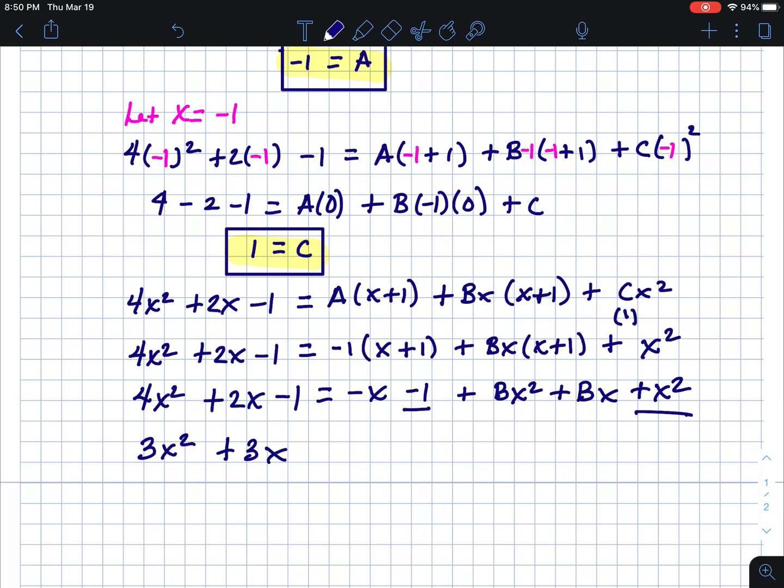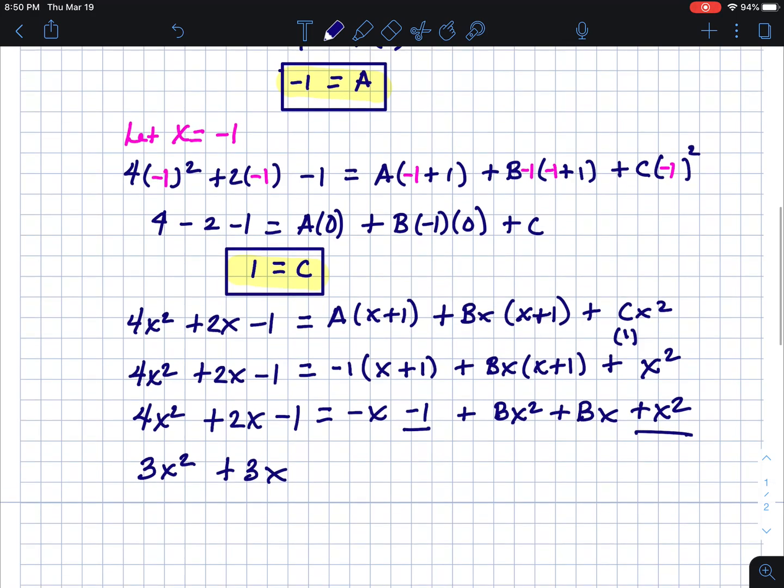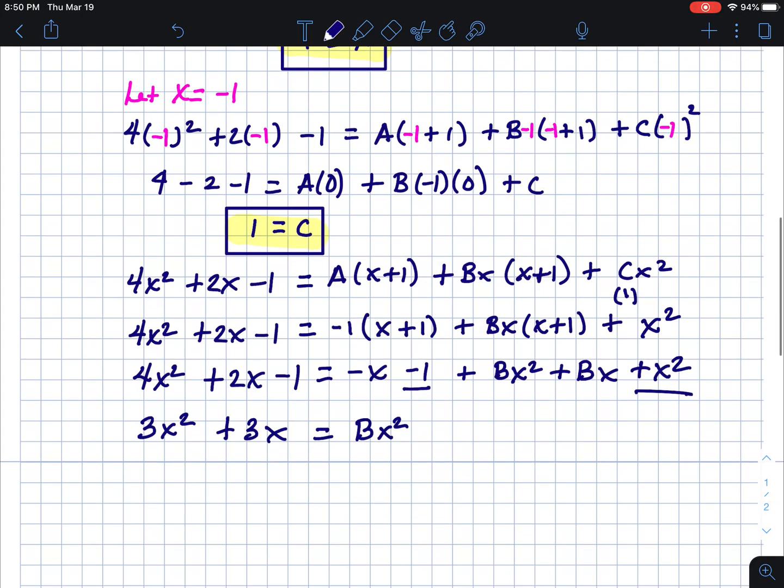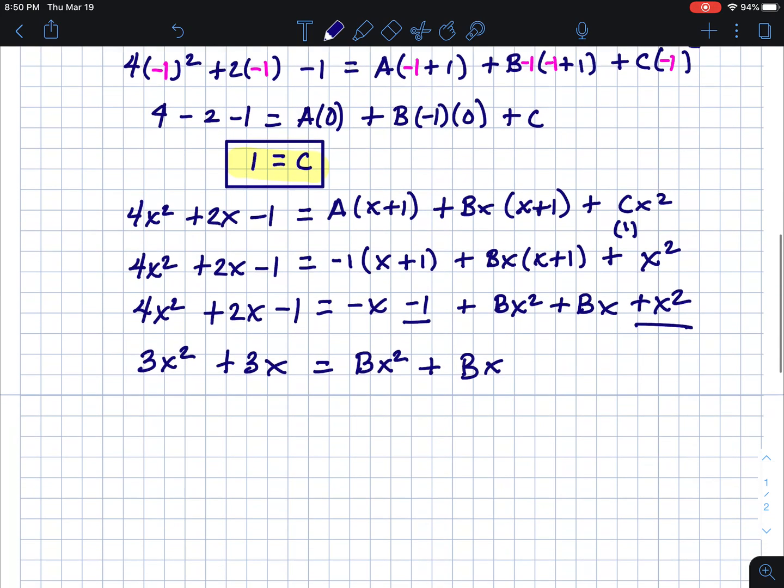And we've got a -1 here and a +1 there, so that's going to be gone: -1 plus 1 is 0. That equals bx squared plus bx.